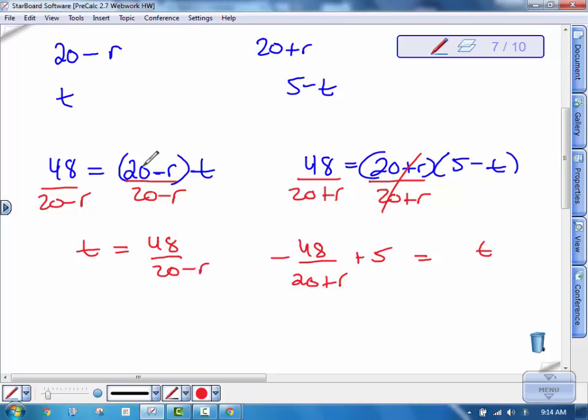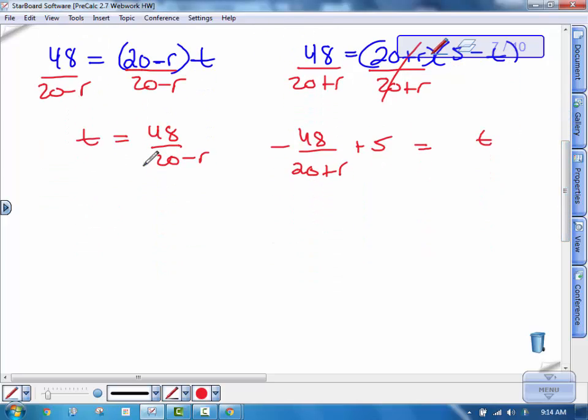So I have these two equations that I'll solve for t. I'll set them equal to one another, or substitute now. So I have 48 over (20 minus r) is equal to, I'll write this as 5 minus 48 over (20 plus r). All I do is switch these two.